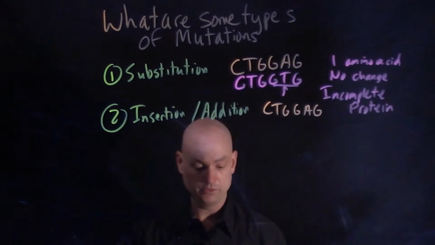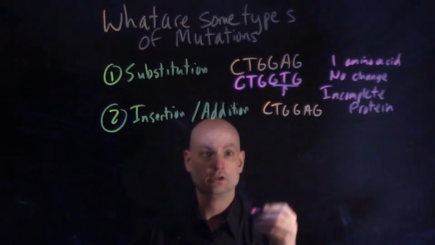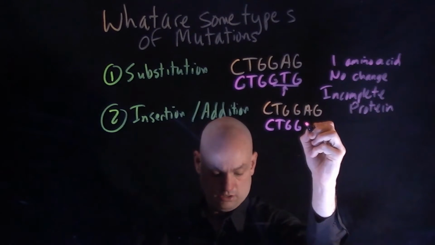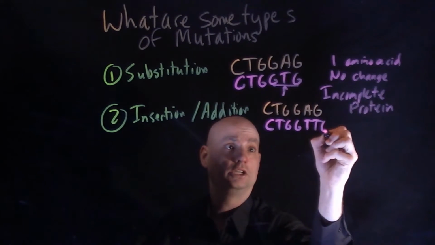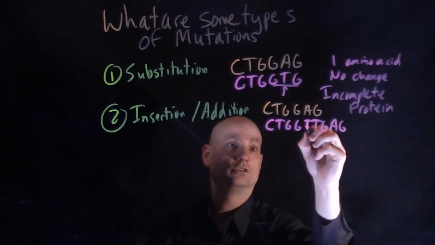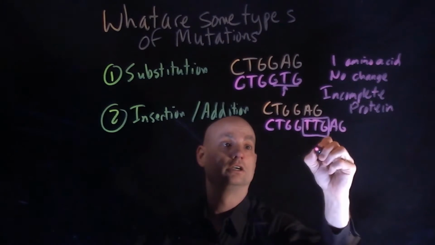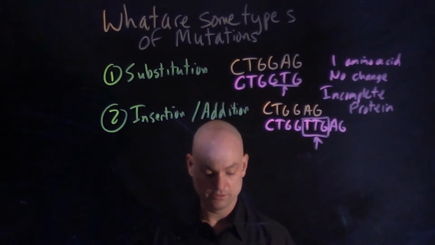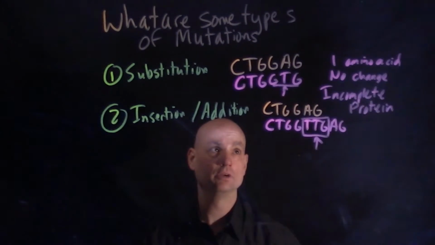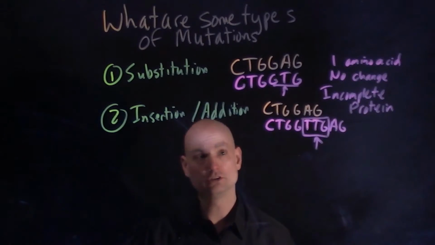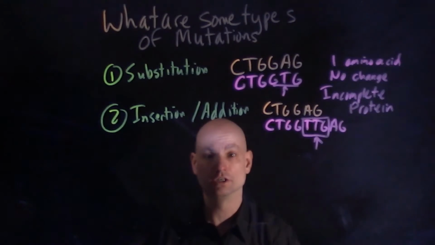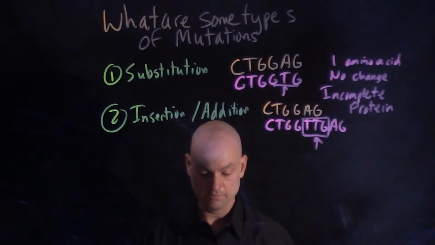And maybe we have an additional piece in here, TTGG. So notice that these letters are inserted or added into our sequence. Again, it could just add an amino acid, or it could lead to some other changes. It doesn't always have to be in groups of 3. If it's in groups of 2, it could cause another stop codon later on.